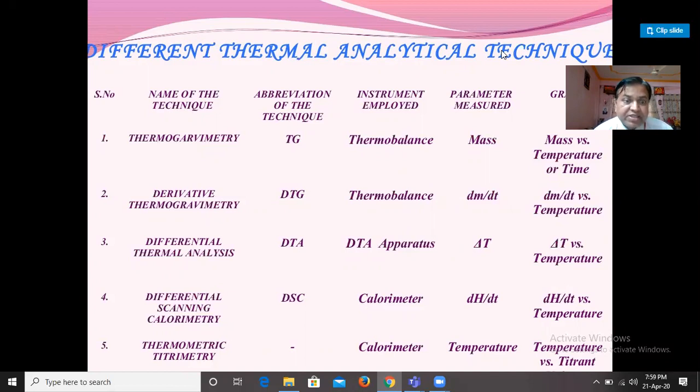Another technique, differential thermal analysis, that is called DTA. DTA apparatus we require. Differential scanning calorimetry, DSC, a calorimeter we require. Thermometric titrimetry, here also we require a calorimeter.